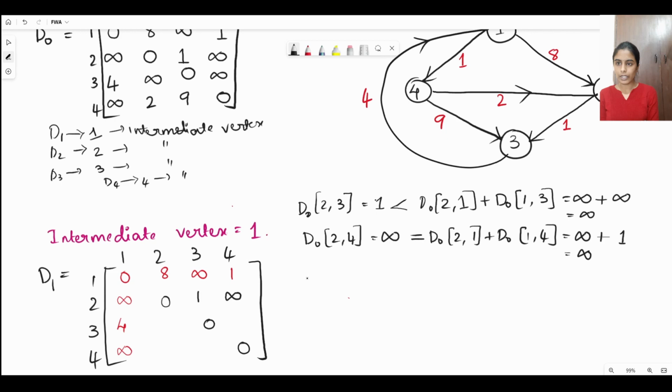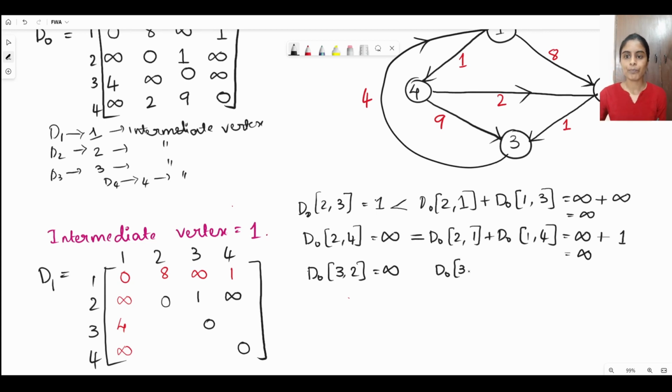Now similarly, let us look at how the next entry is done. We need D0 of 3, 2. If you look at the D0 matrix, D0 of 3, 2 is infinity. So we write infinity. Now similarly, we need through the vertex 1.